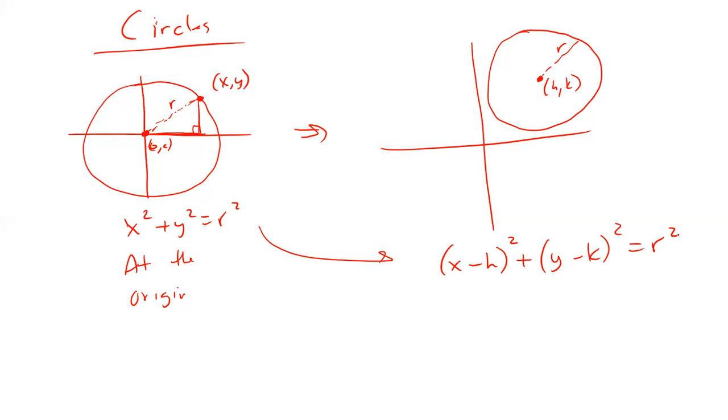Now I can put the circle anywhere I like along the Cartesian coordinate plane. The center is at H comma K, and the radius is R. Are we good? Center is at H, K. That is so cool. So now I can float a circle anywhere I like along my coordinate plane.